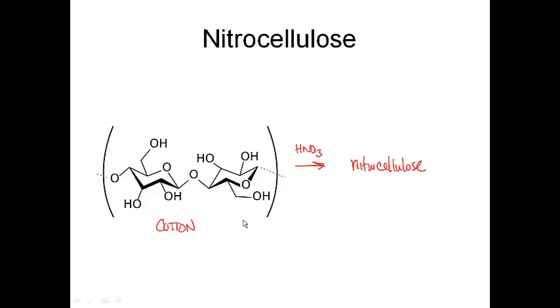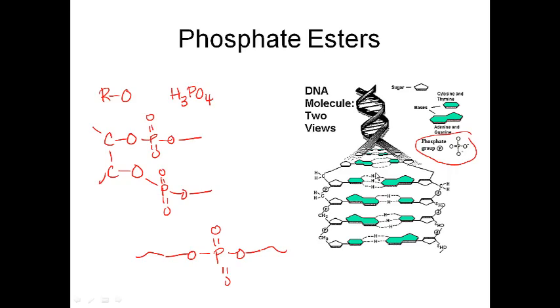We can nitrate cellulose to make nitrocellulose that we use in filters, and it's used in the old-time movies. And then finally, phosphate esters can also be formed, and they turn out to be very important in biochemistry. In particular, they link the sugars that hold the base pairs together in DNA.